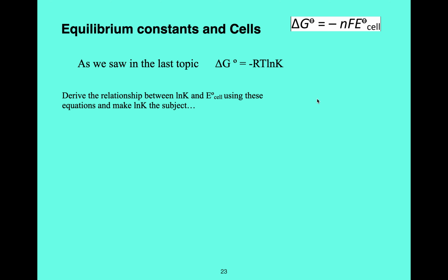You can have a play around with that mathematically if you want. They are the two expressions. So ln K becomes nF E cell over RT. Again, ln K is proportional to E cell. Makes sense. The greater the E cell, the greater the K. The further to the right the reaction will go.